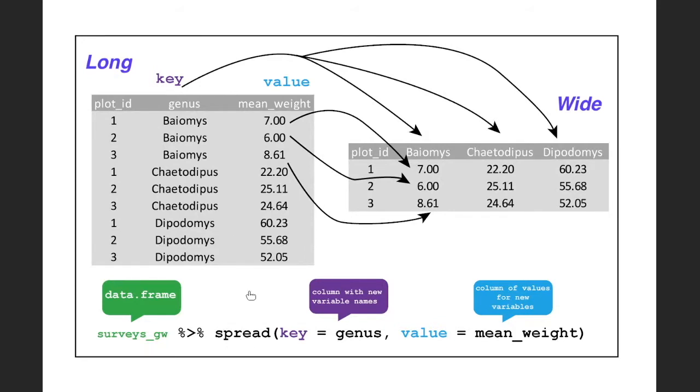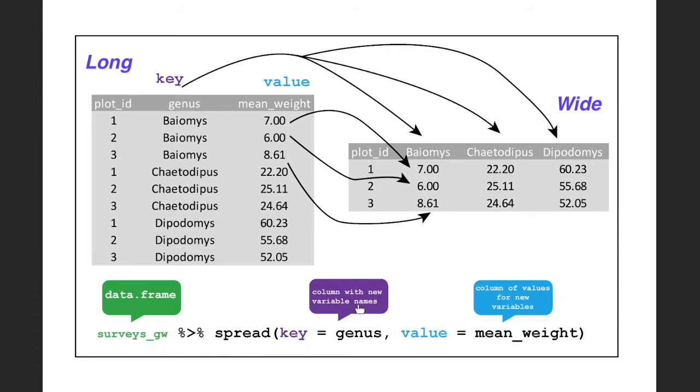So we get the plot ID, genus, and the mean weight. And what we want is to create this new table.